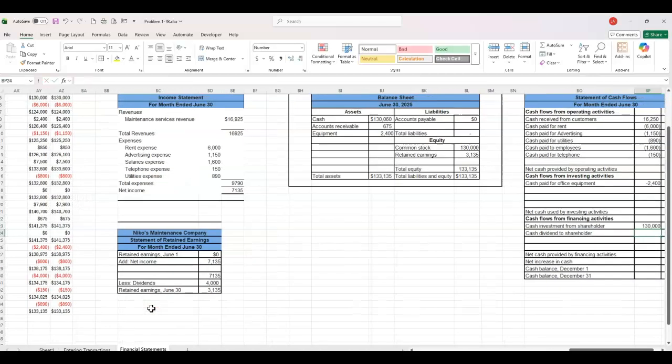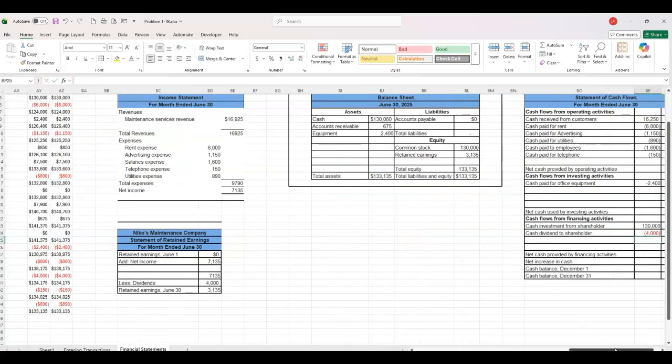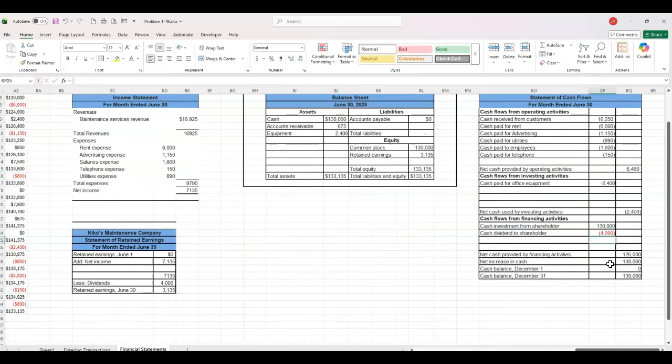And then we paid dividends. That is an outflow of cash, so I'm going to put a negative in front of it. Negative $4,000. That gives us my net cash provided by financing activities.